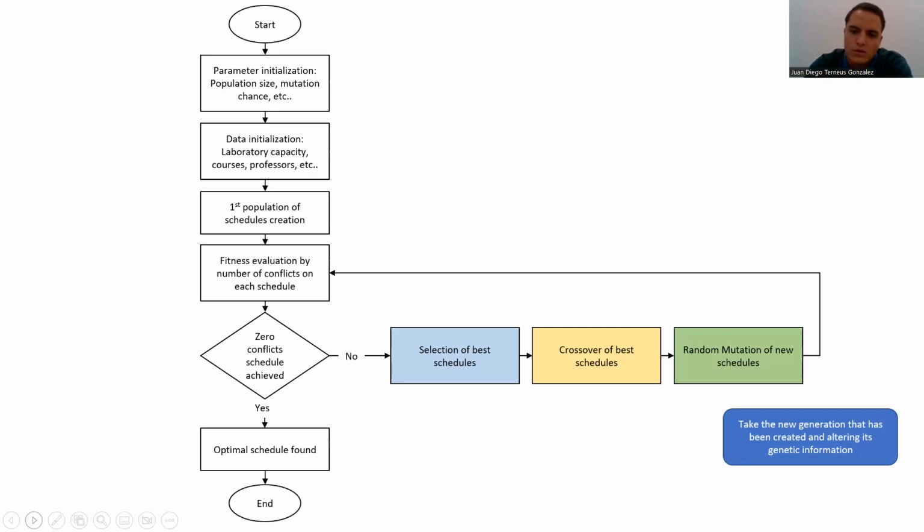This value was chosen to ensure the variety of individuals while maintaining their quality. If a randomly generated number turns out to be lower than the mutation rate, the schedule or individual is mutated or generated again. So finally, the mutation is used to maintain the diversity among individuals in a population, avoiding problems such as the genetic algorithm not converging quickly enough.